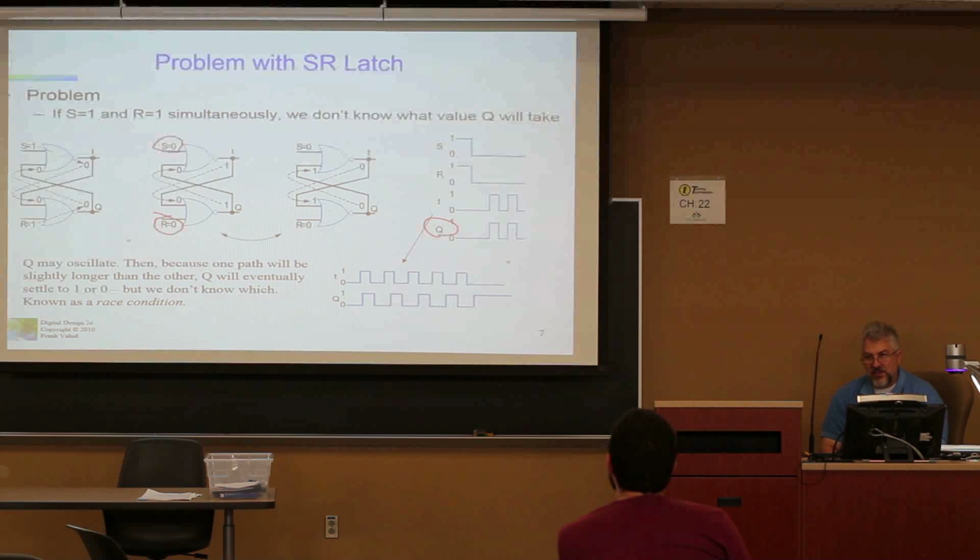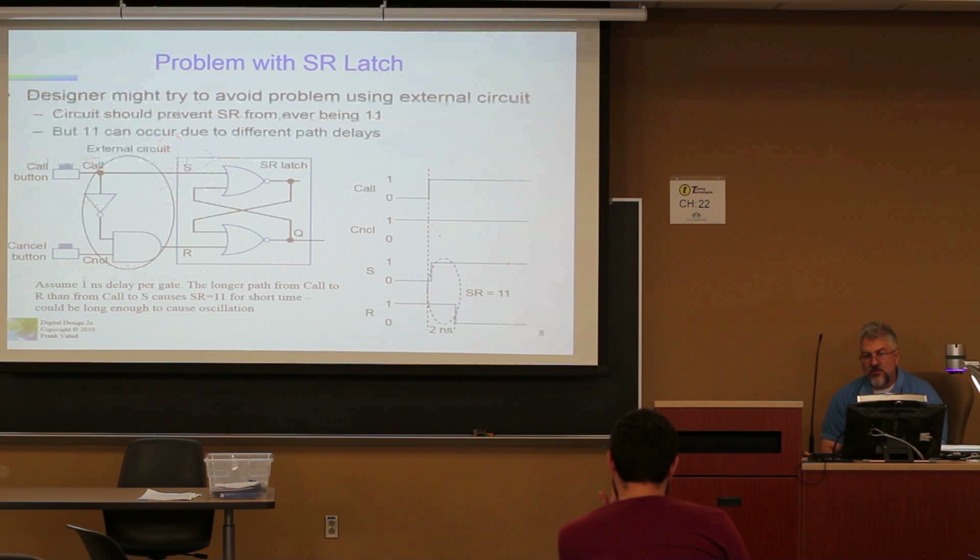And so a way to fix this is to add another layer of logic that will allow us to, first of all, add a gate delay, but will also allow us to maybe later clock in the information at a known time. So a designer might try to avoid this by using an external circuit.